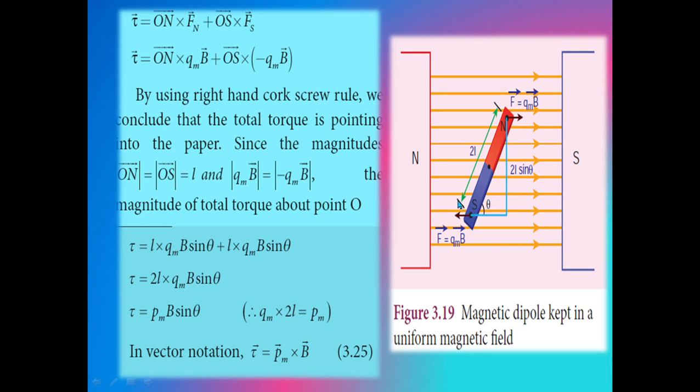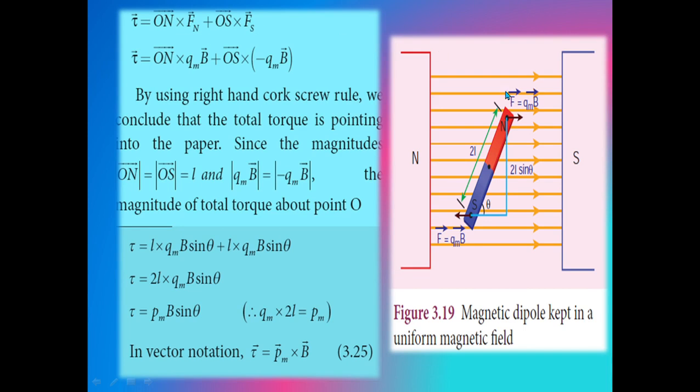Torque is force into perpendicular distance. Here the force is Fn vector and the perpendicular distance is in the ON vector direction; for the south pole, OS is the perpendicular distance and the force is Fs. So the sum of these two is ON vector cross Fn vector plus OS vector cross Fs vector.